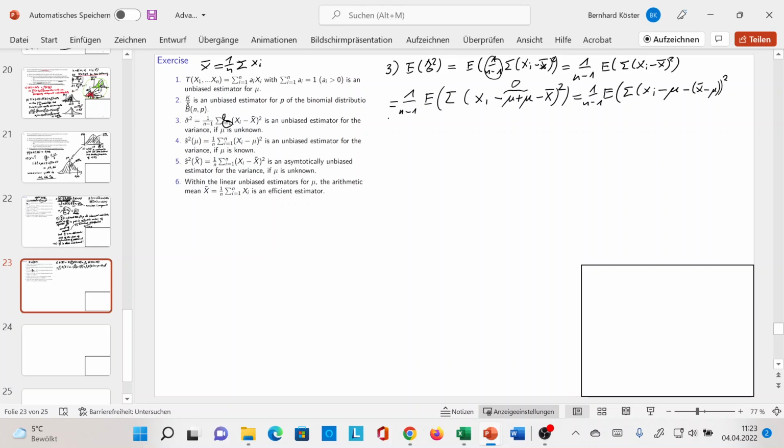And now we have something quite nice, because this is our true difference we need for our true variance we are interested in. Because remember, we want to show that this equals just the true parameter sigma squared.